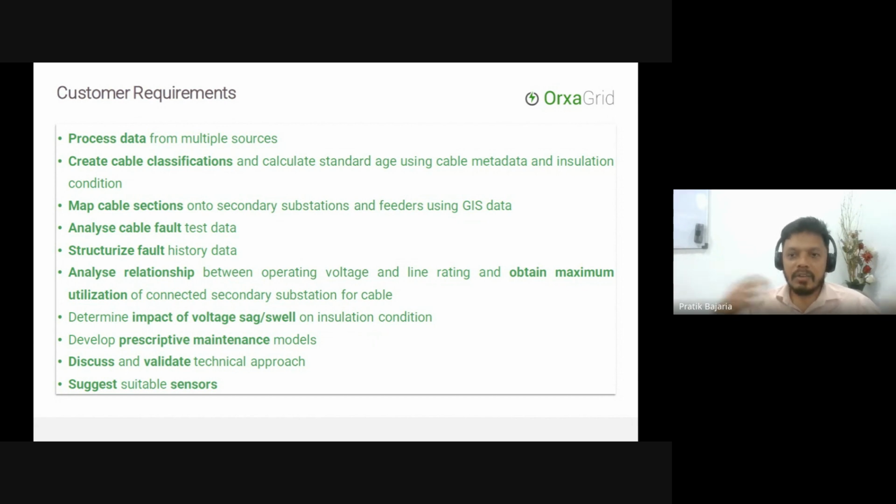So any solution which OrxaGrid gives is backed up by the subject matter expertise that we have built along our 35 years into our solutions of machine learning and AI in order to tune it and give you actionable and meaningful insights rather than giving you solutions which are just built on a data science based model.